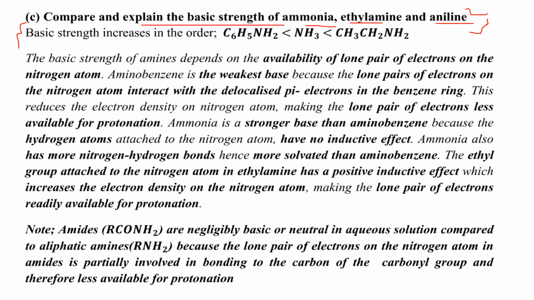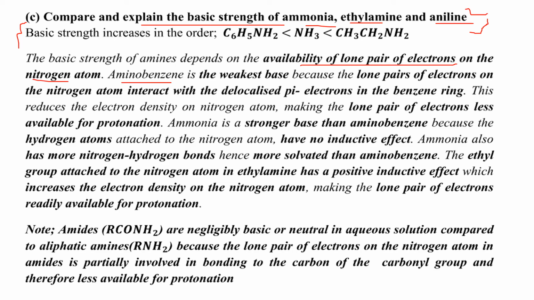And what determines the availability of lone pairs of electrons on the nitrogen atom is going to be either the positive inductive effect of the group it is attached to, or the negative inductive effect of the group or groups it is attached to. So looking at the basic strength of amines, we are going to say that they depend on the availability of electrons present on the nitrogen atom.